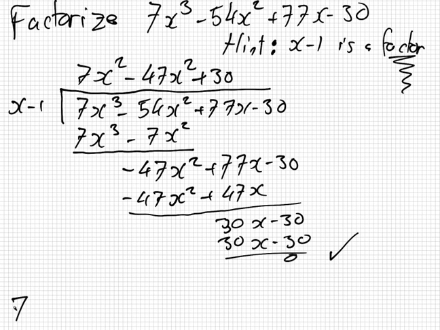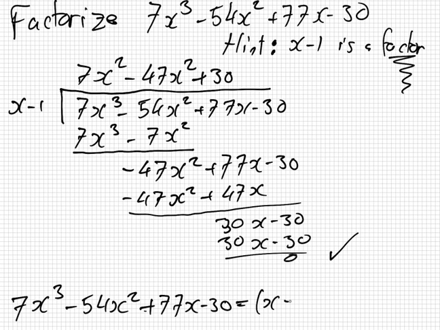So we have 7x cubed minus 54x squared plus 77x minus 30 equals x minus 1 multiplied by 7x squared minus 47x plus 30.